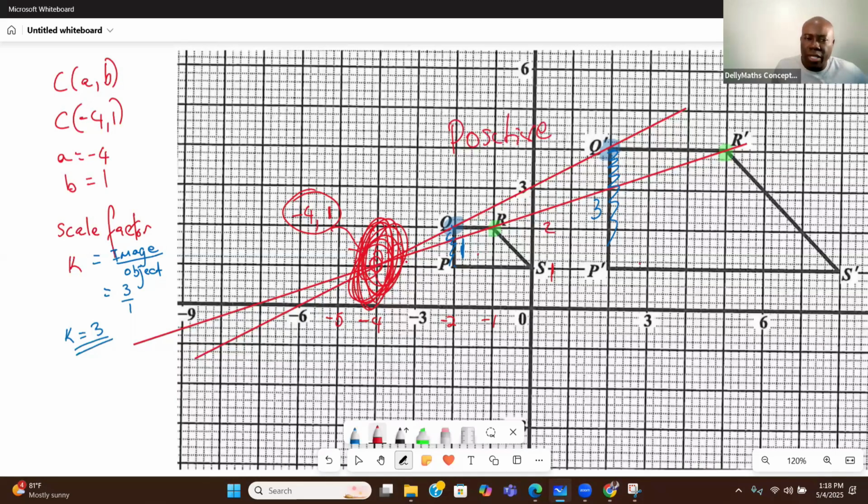But if the image and the object are on two different sides of the center, when you work out your scale factor, put a negative there. So if the center is there, the image there, and the object over here, it's a negative scale factor. Just know that. These are just little heads up.